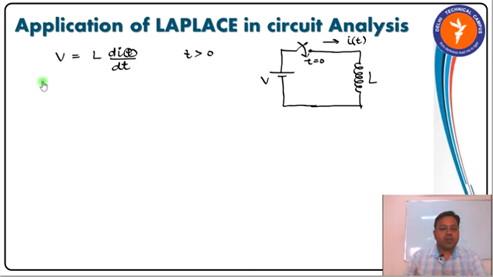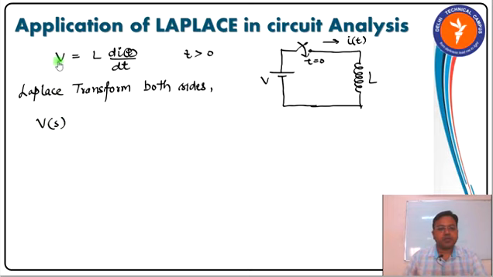Now let us take the Laplace transform on both sides. If I want to convert it into the Laplace domain, we get V(s), because it was a time variable, so that is why I am using V(s), equal to L of, now we have the derivative of a function.